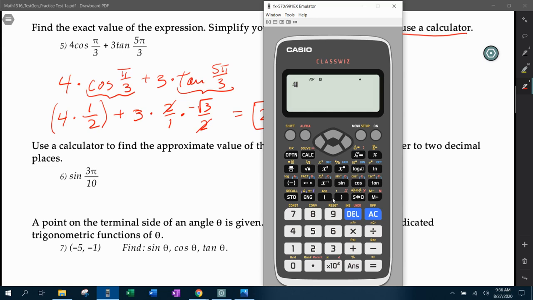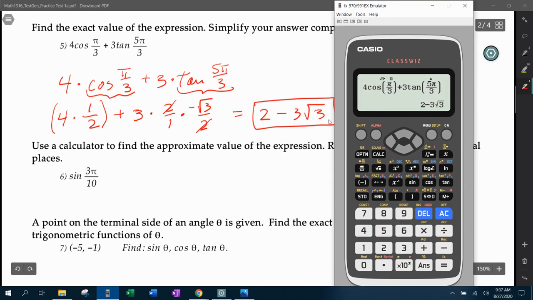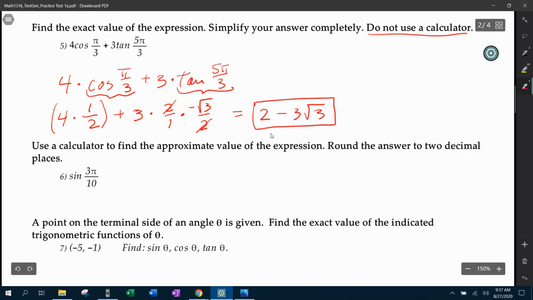And then I'm going to type in 4 cosine pi over 3 plus 3 tangent of 5 pi over 3. Two minus 3 square root of 3. So that verifies what I did here is correct, okay?